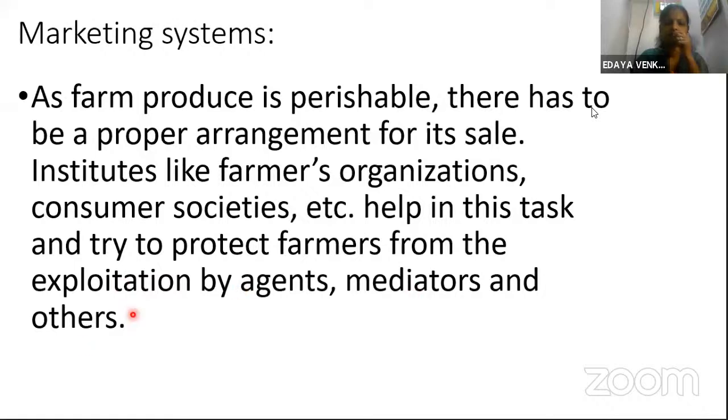These help farmers to sell their produce at the right time in the market and at a reasonable rate.